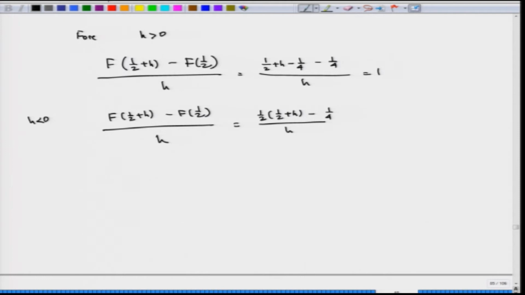So, this is h by 2h, and this goes to 1/2. So, as you can see, F is not differentiable at half.